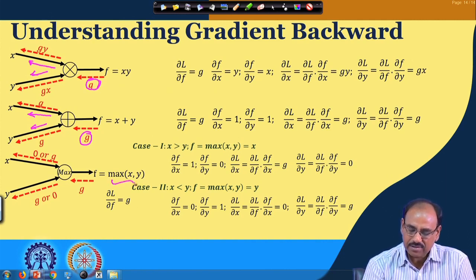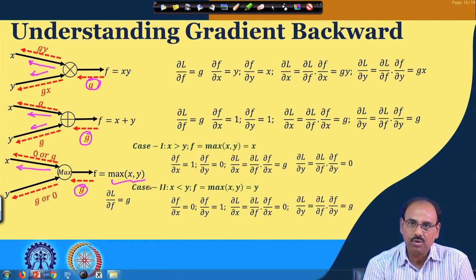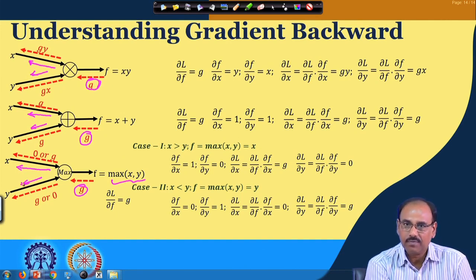Similarly, if it is max, then whatever is the gradient at the output, the gradient is simply passed to the node of the variable which has the maximum value. So, if x was the maximum of the two, x and y, gradient g was passed towards x. If y was maximum, then gradient g would have to be passed to y.